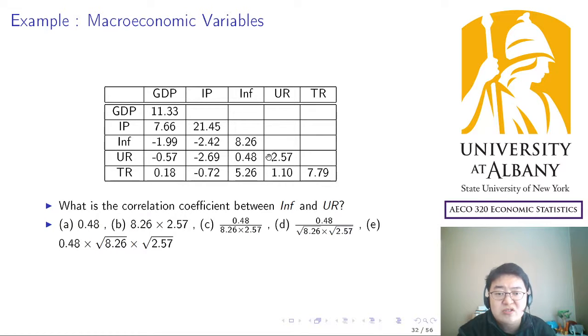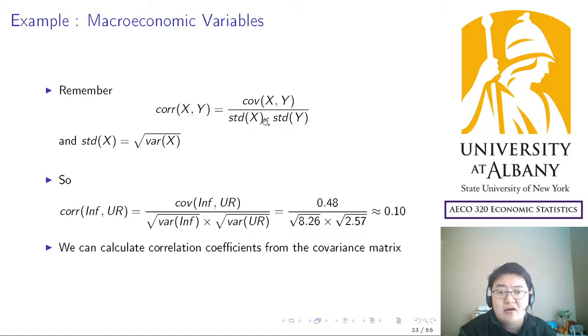Similarly, the square root of 2.57 is the standard deviation of the unemployment rate. Use the square roots to standardize the covariance to obtain the correlation coefficient. The answer is D. So in that way, here is the formula. It is easy. Then after the algebra, you will get 0.1 something.